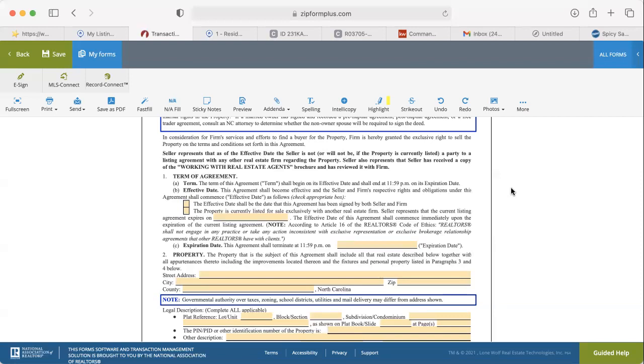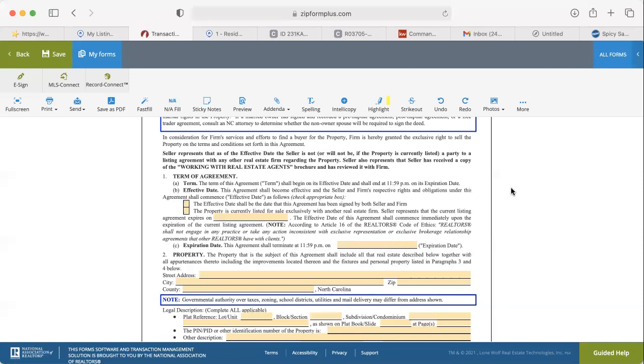So the MLS rule is that once a listing is taken, it must be entered into the MLS within 3 business days. However, if any public marketing goes on, so if you put a sign in the yard or you post it on social media for the public to see, or you send out flyers or anything like that, that's considered public marketing.